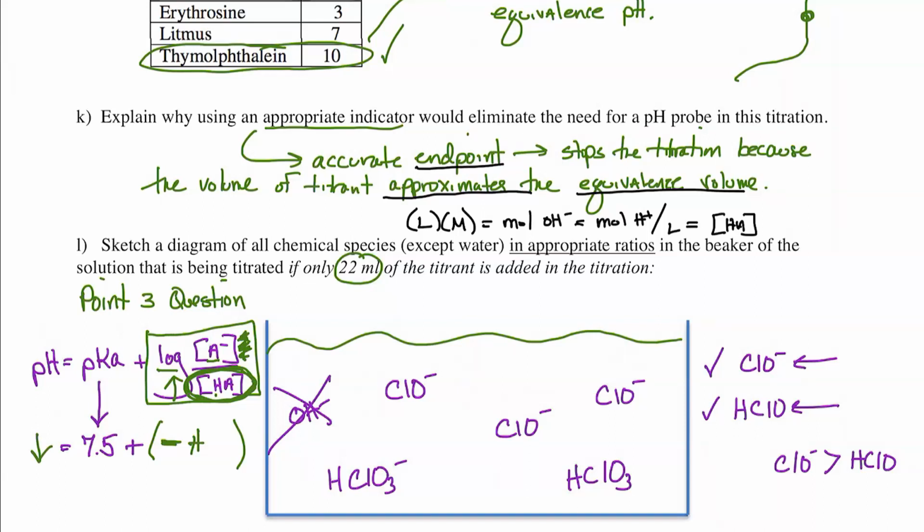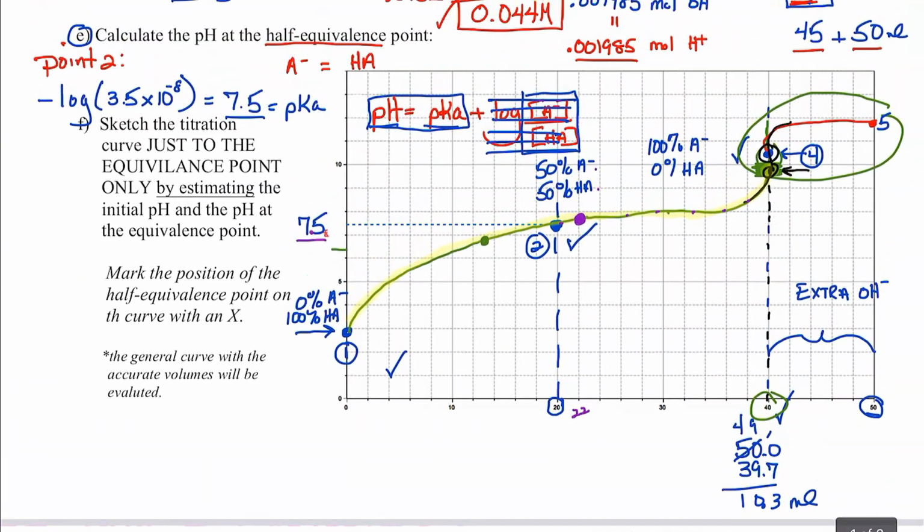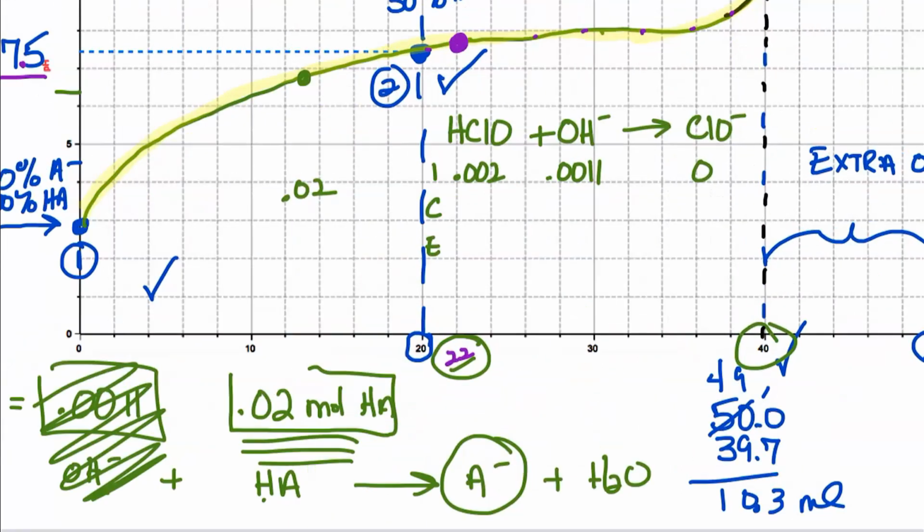I didn't need the barium, but I cannot see what? Hydroxides. Okay, you should understand that in the point 22 here, we had a lot more HA left in the beaker. Right? Because if you want to think about it, it's 0.002. I didn't read that carefully. So that's 0.002.